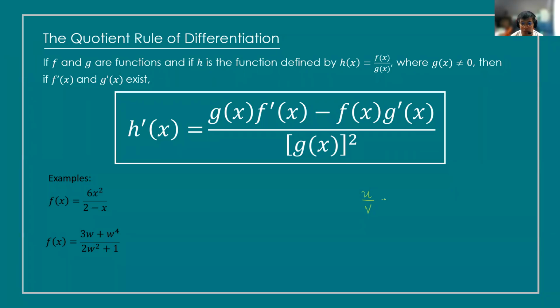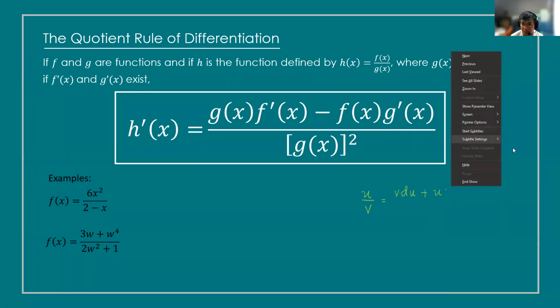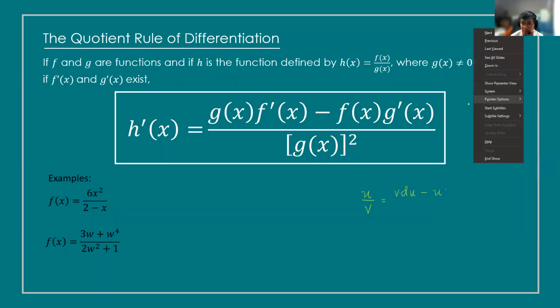So the formula would give us v du, meaning v times the derivative of u, or rather it's minus there, so minus u dv, all over v squared.